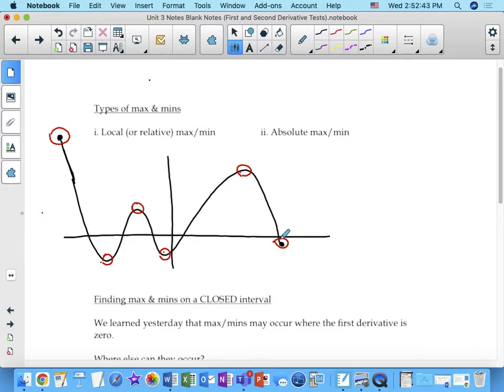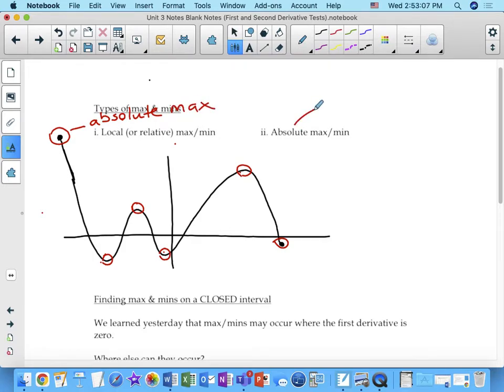An absolute max point is the maximum value of the function everywhere over the entire domain of the function. So you're looking in this interval, where is the absolute highest point on the function? It's this endpoint. This is the absolute max.